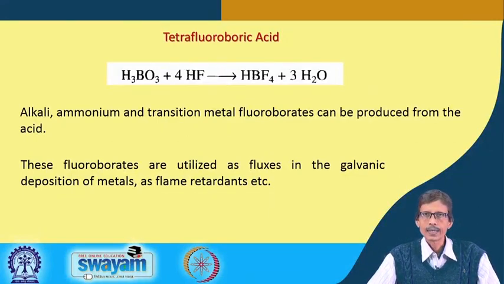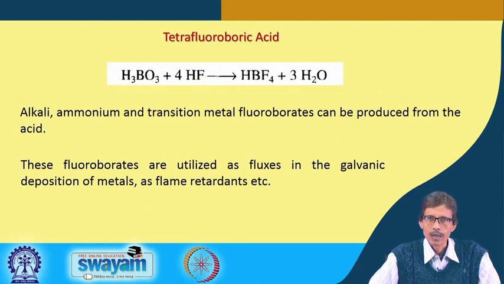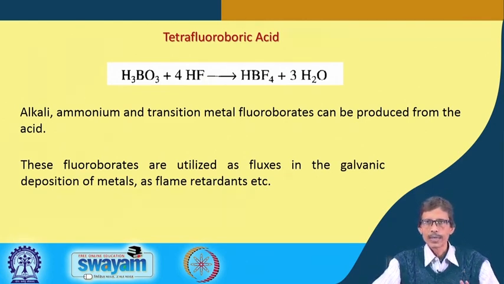So, again from the metallurgical point of view, we now know what the different types of fluxes are and how these fluxes are useful. So, we can go for the deposition of some important metal ions as metals. Galvanic deposition means you have a galvanic cell and you go for a reduction of the metal ion, and those metal ions come from the transition metals.